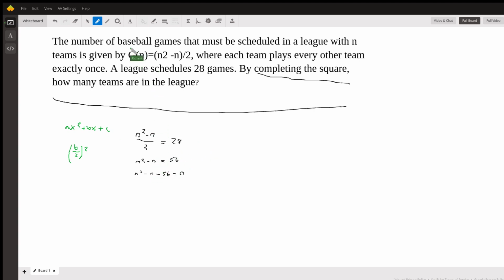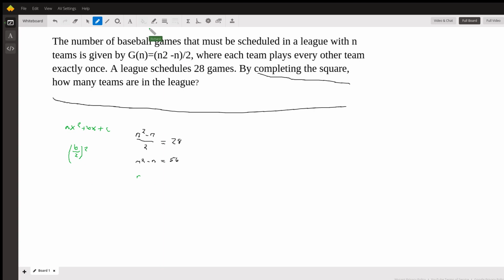So actually now I realize I don't need to bring over the 56, so let me leave it there. Okay, but b here is -1, obviously, so -1 over 2 squared is 1/4.